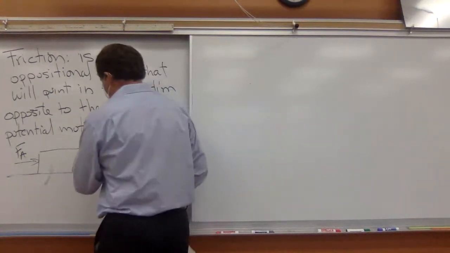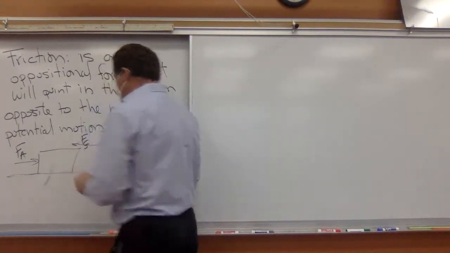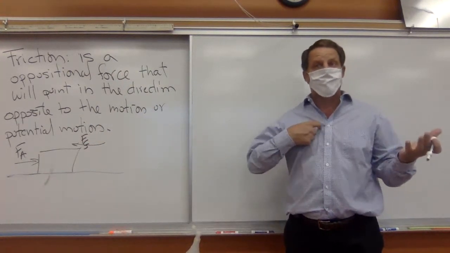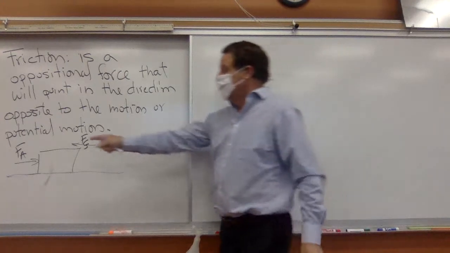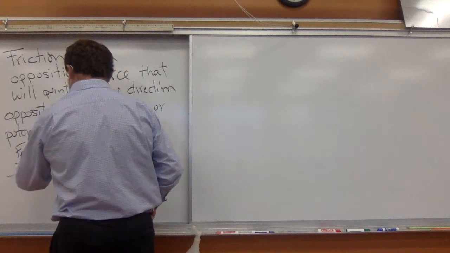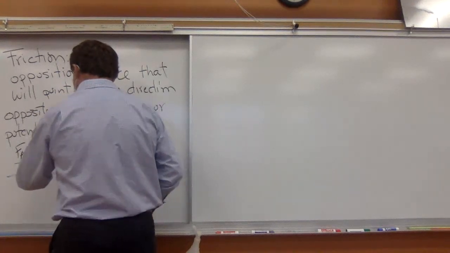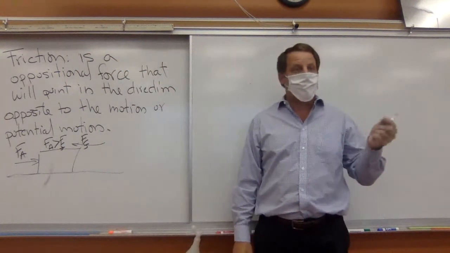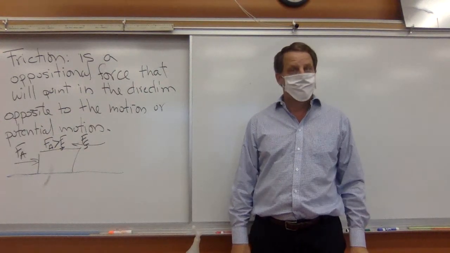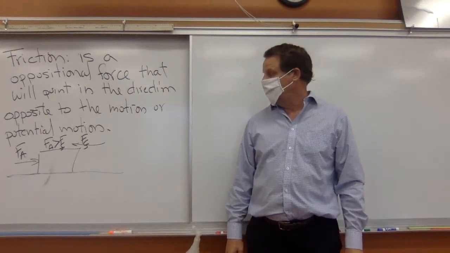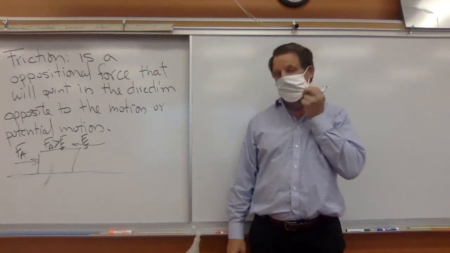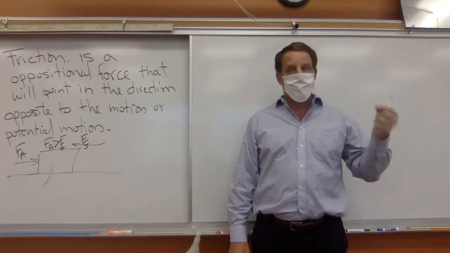So the force of friction is going to be going to the left, whether it's moving or not moving. If the applied force is greater than the frictional force, then it will start to move, and once it's moving, it's going to accelerate.